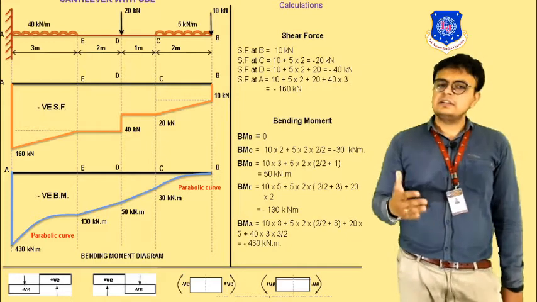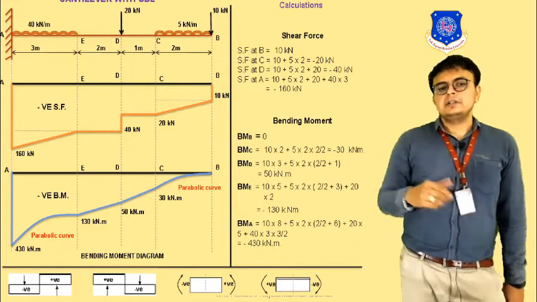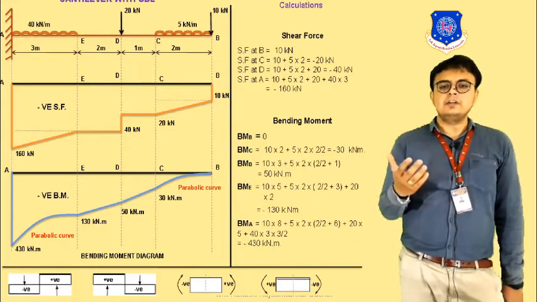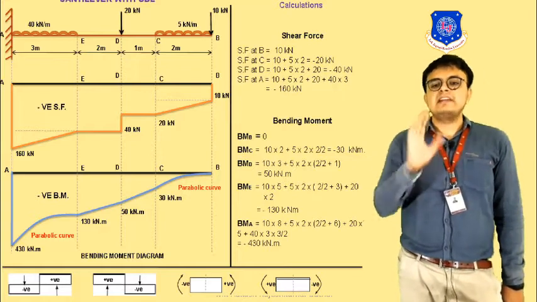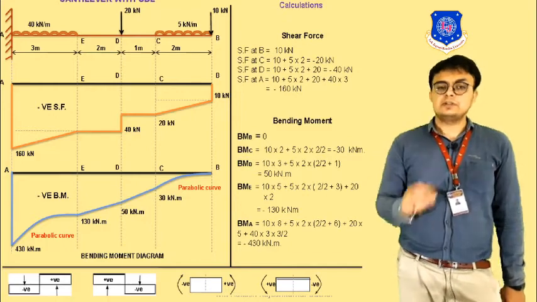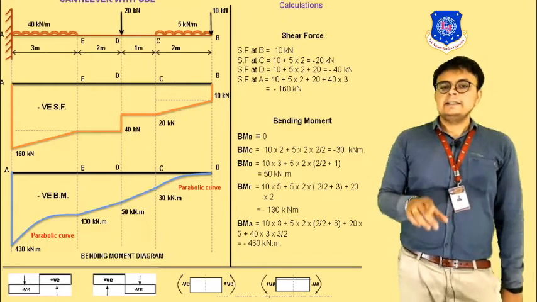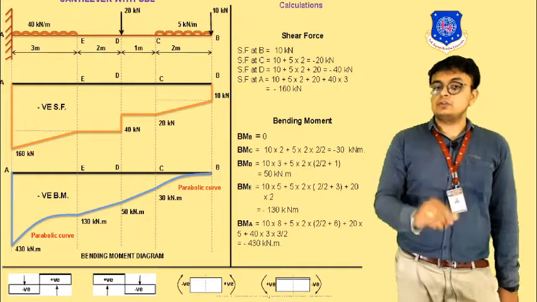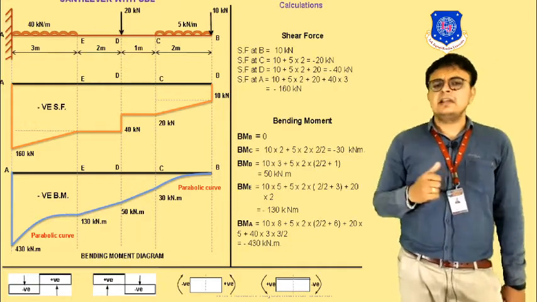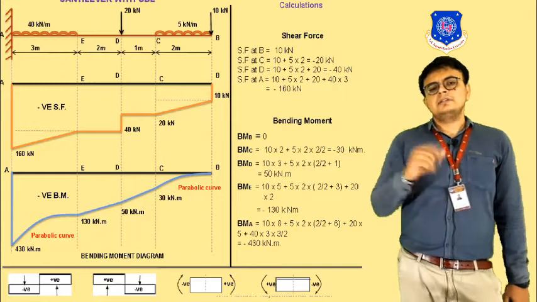So that is just an addition at point C. That will be equal to 10 plus 5 into 2. So finally we get the shear force at C equal to 20 kilonewton, and that is in the downward direction. So we will take the negative sign before the value.